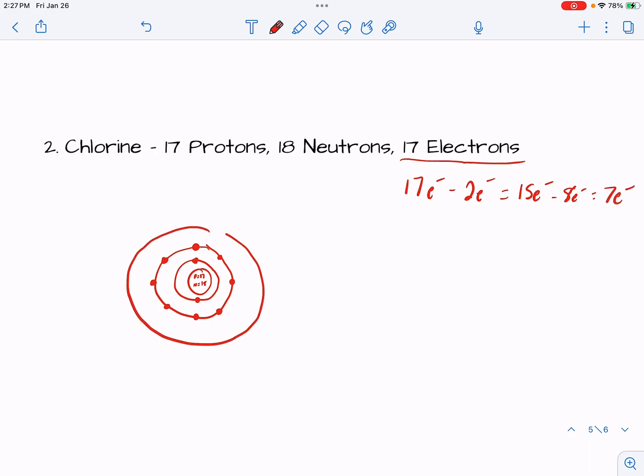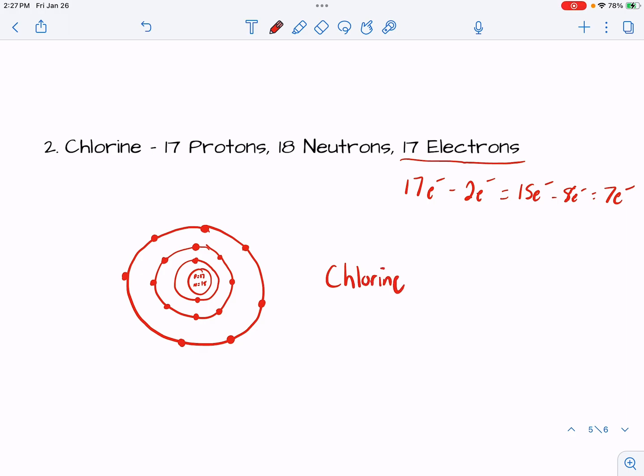Remember, the third energy level can hold up to 18, but it just so happens that I only have 7 left. So I draw my 7, and I've used all 17. So this is a Bohr diagram for chlorine.